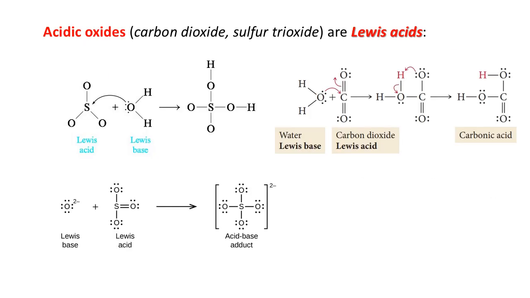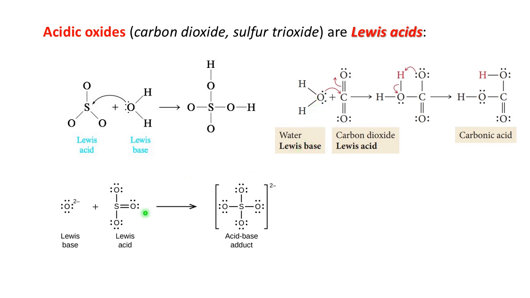Acidic oxides, such as carbon dioxide and sulfur dioxide, are Lewis acids as well. So the SO3 molecule reacts with water. Now oxygen makes a bond with sulfur, and you have 2 OH groups. This molecule is tetrahedral, of course, 4 bonds around 1 sulfur.